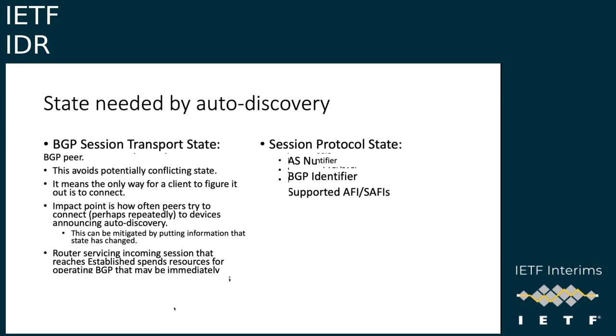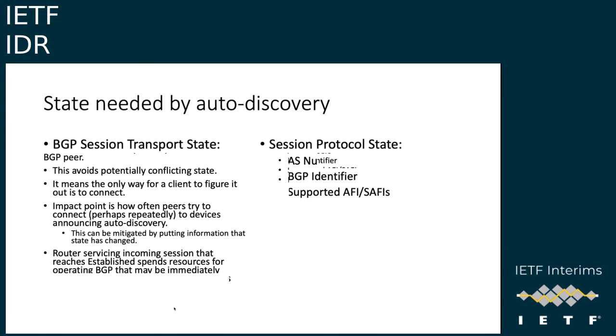An advantage is that this prevents potentially conflicting state. But it does mean the only way for a client to figure out if you have an acceptable peer is to try to connect. And this has a couple of interesting impacts in terms of scale and just generally the ecosystem that auto discovery works on.